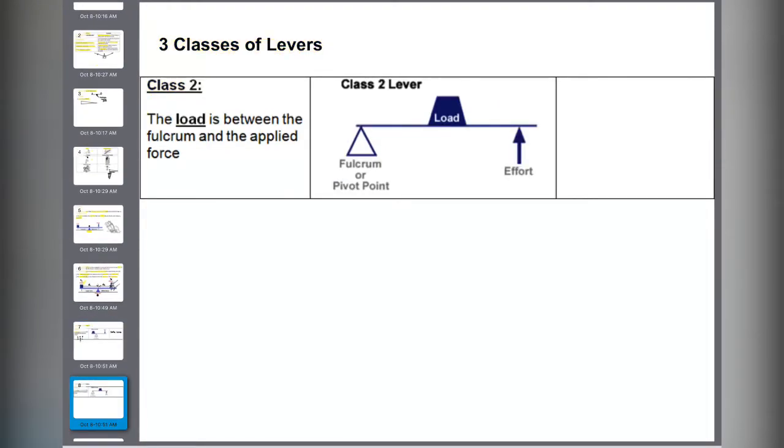Class 2 is when the load is in the middle. The key thing is that the load is in the middle, with the fulcrum at one end. An example for that is a wheelbarrow.